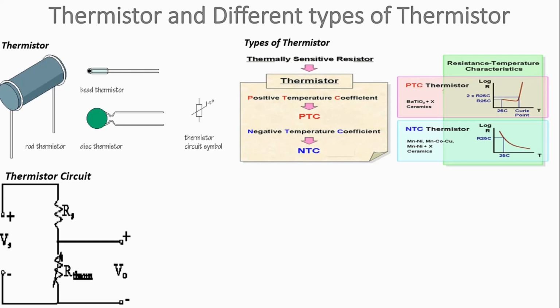One of the main categories that is most commonly used in industries is bead type thermistors. According to the shape and manufacturing methods, bead thermistors can also be classified into bare beads, glass coated beads, ruggedized beads, and beads in glass enclosures, and many more.